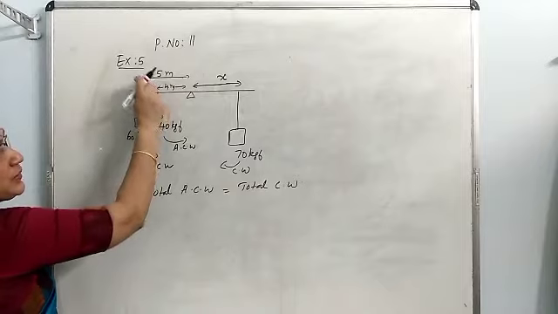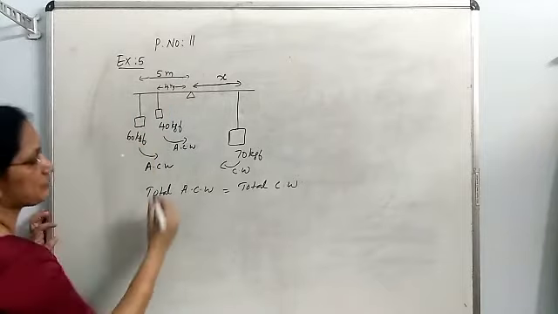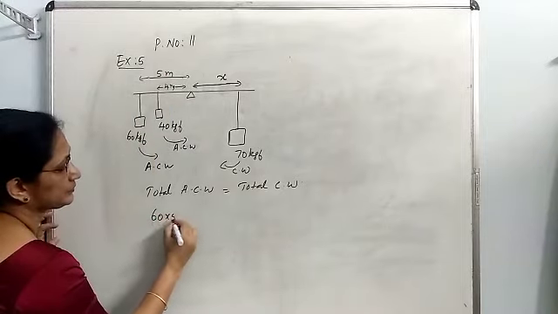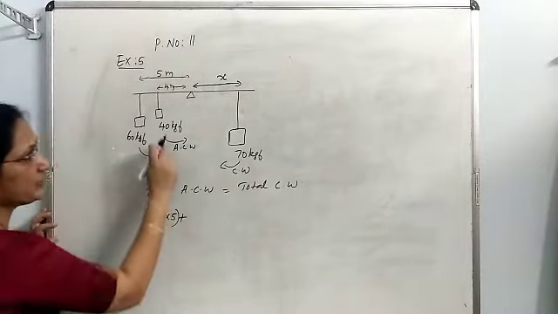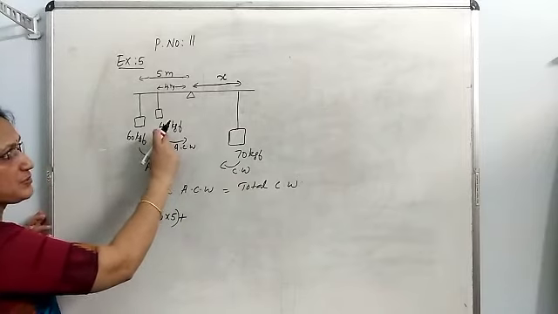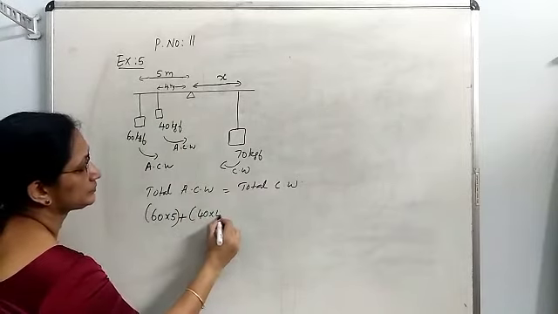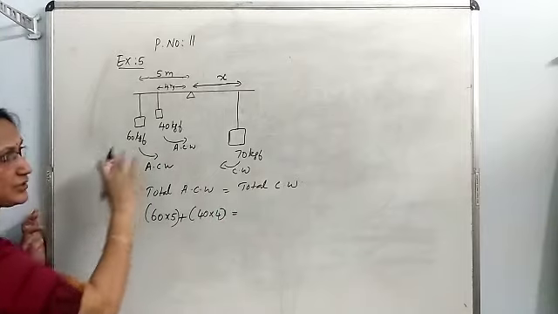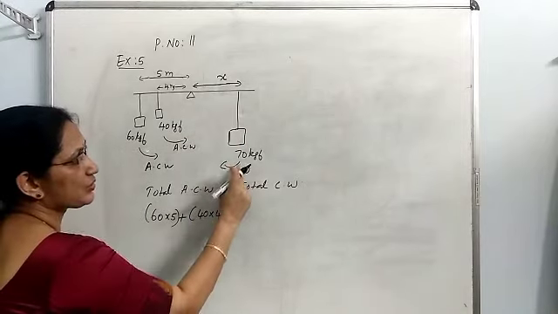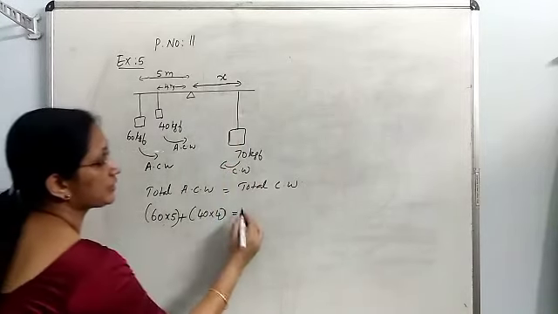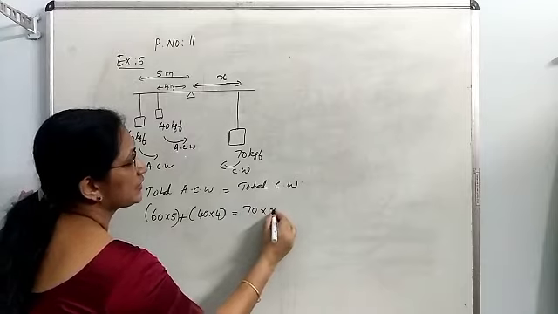Force into perpendicular distance, 60 into 5, plus the anti-clockwise moment produced by this boy, 40 into 4. This is the total anti-clockwise moment. How much is the clockwise moment? Force into perpendicular distance, 70 into x.